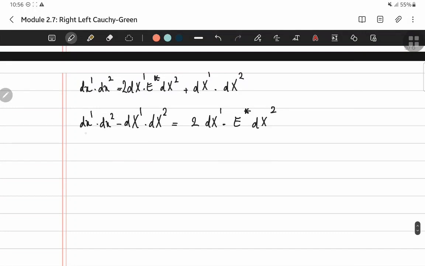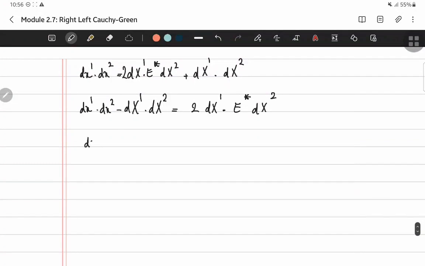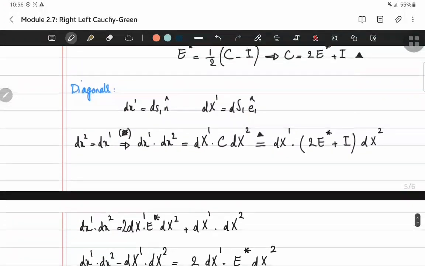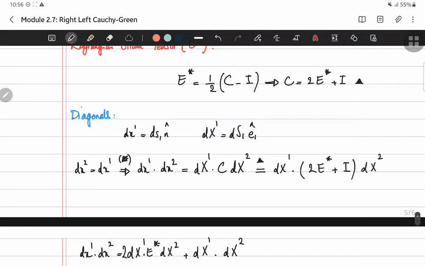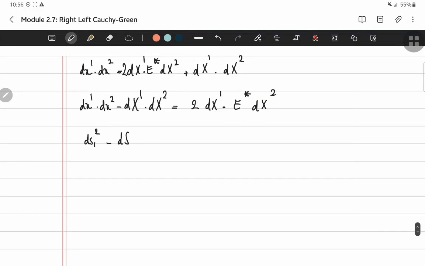Here, if I have dx1 equal to dx2, then this becomes ds1 squared, because we have ds1 n dot ds1 n, minus d capital S1 squared, equal to 2 ds1 squared, and this is E1 dot E star E1, which is nothing but E star 11.